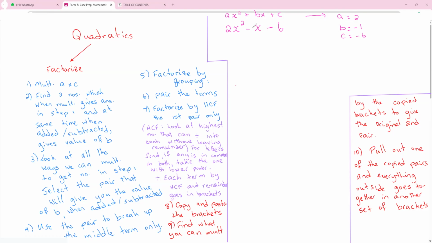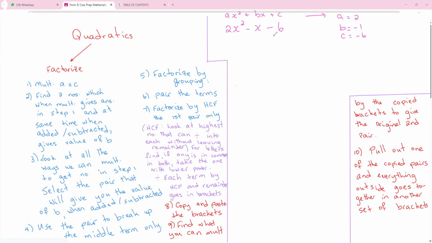B, there's no number. But anytime there's no number in front of a letter, we understand that it's 1. So it's not just 1, it's negative 1. And C is the number that does not have a letter attached. That's a constant. So it's going to be negative 6.